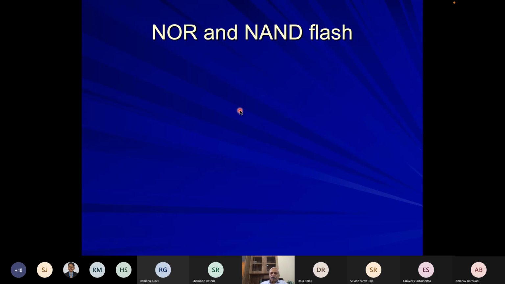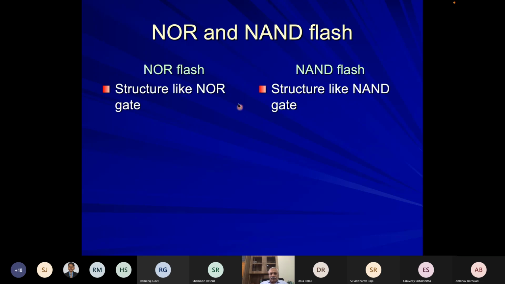Such transistors can be arranged in two different configurations, NOR flash and NAND flash. The structure of NOR flash is like NOR gates, that is, such transistors are put in parallel, and NAND flash is where they are put in a NAND-like structure, that means they are in series. I'll show pictures of these.